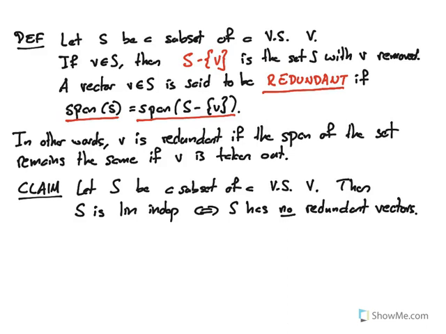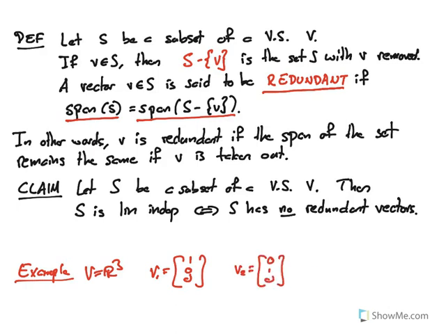Should have maybe done an example. Let's do an example. Say we're in R3, and V1 is like this.